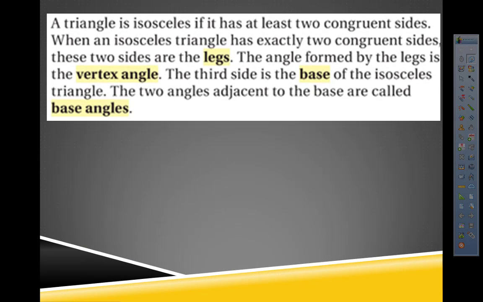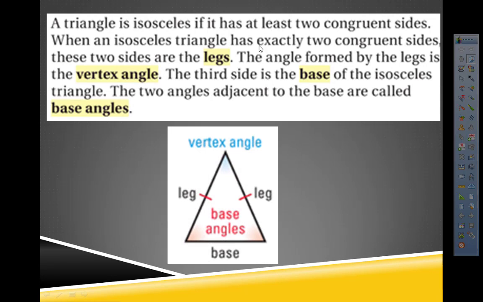Okay, so let's just go over some basics. Whenever you have an isosceles triangle, first of all, it's isosceles if you have two congruent sides. And what we will say is that if there's three congruent sides, it's automatically just equilateral.